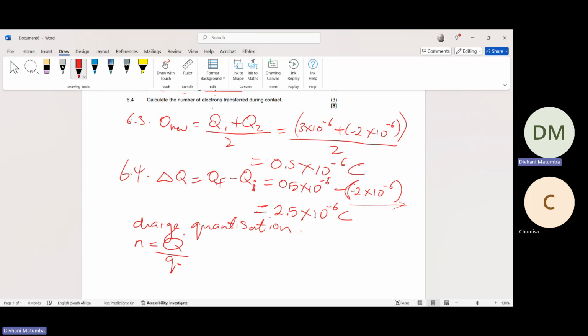If we know the amount of charge that we have and we divide it by the smallest charge, then we will know how many smallest charges there are. I think you understand. Yes, sir. So we will have 2.5 times 10 to the power of minus 6, all divided by how much? 1.6 times 10 to the power of minus 19. Okay, so what do we get there?